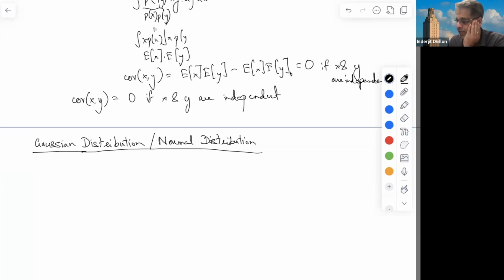We'll assume in the univariate case that X belongs to R. There are two parameters in a Gaussian distribution, mean and variance.